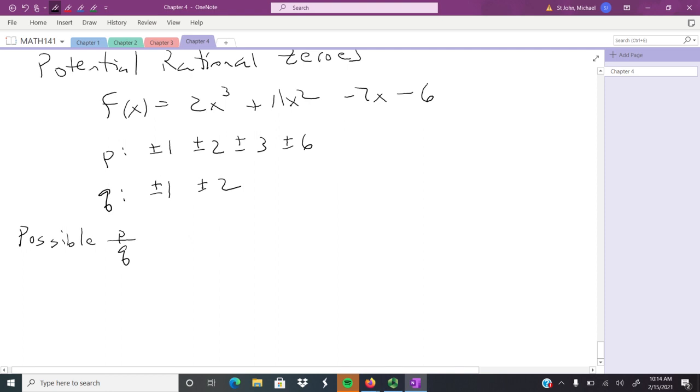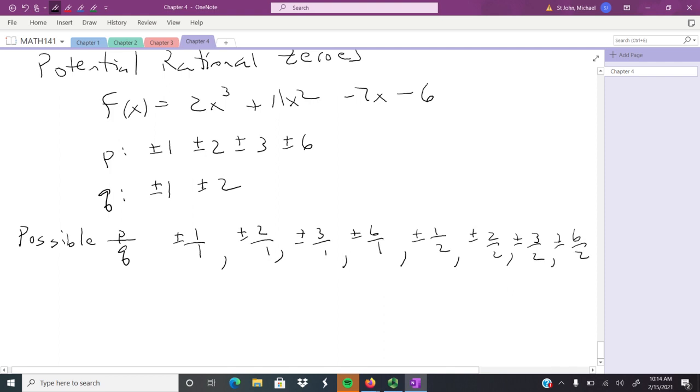And so this will be plus or minus 1 over 1, plus or minus 2 over 1, plus or minus 3 over 1, plus or minus 6 over 1, plus or minus 1 over 2, plus or minus 2 over 2, plus or minus 3 over 2, and then plus or minus 6 over 2.